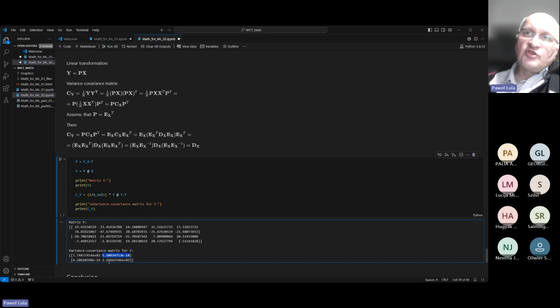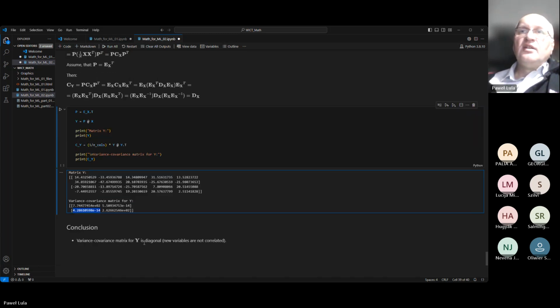We have the same situation which we had several times, so we have values which are very small, so in practice you can treat them as values equal to 0. So we see that we achieve all our goals.